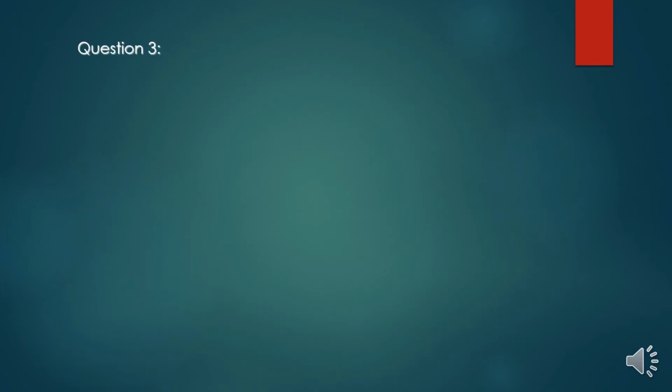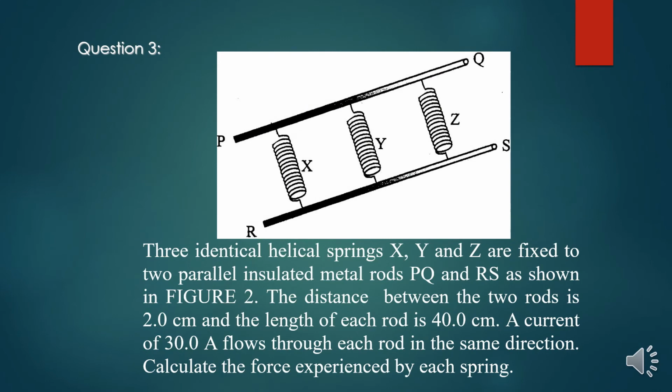Okay, for question number 3, three identical helical springs X, Y, and Z are fixed to two parallel insulated metal rods PQ and RS as shown in figure 2. The distance between the two rods is 2 cm and the length of each rod is 40 cm.